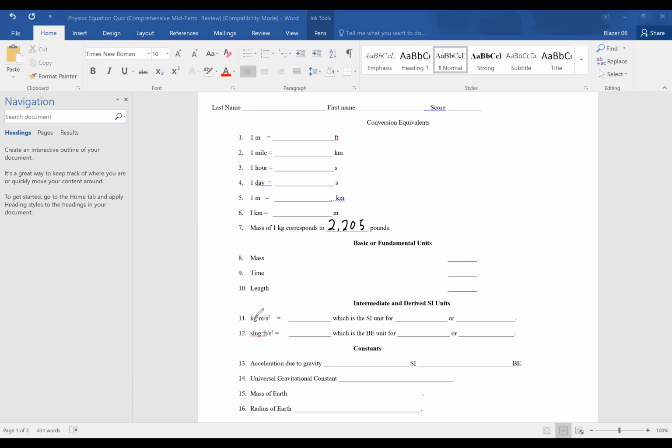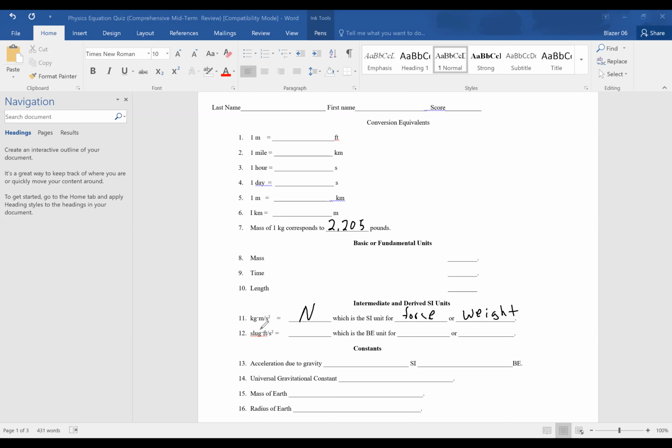Now we have learned that a kilogram meter per second square, we call that a Newton. And this is the SI unit for force. And we're also going to learn that it is the SI unit for weight, because weight is a force.